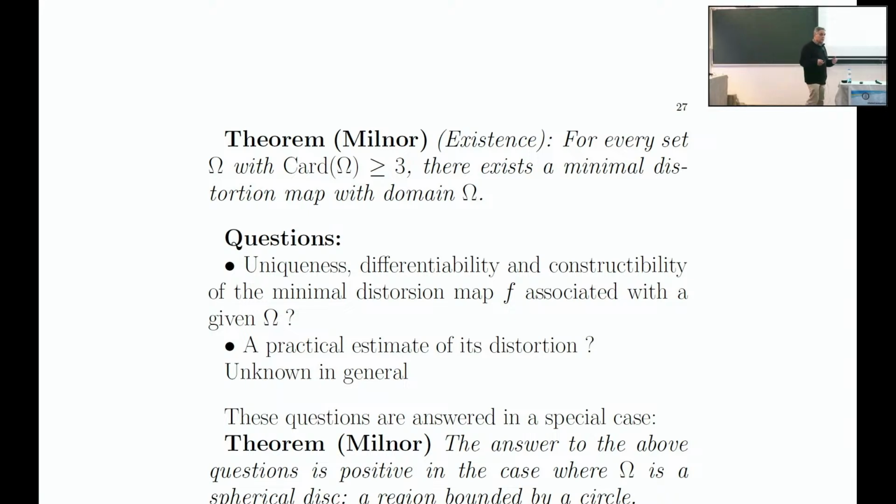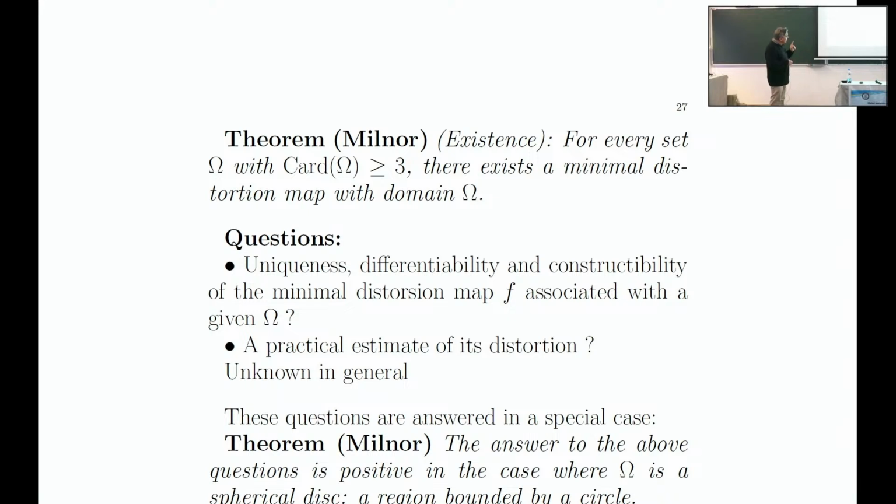Because geographers, you want to explain to them how to construct this map. They don't know anything about mathematics. You have to give a method. Constructibility of the map and of the minimal distortion. For any given omega, how do you find its minimal distortion? This minimal distortion, in fact, is associated to a subset of the sphere omega.